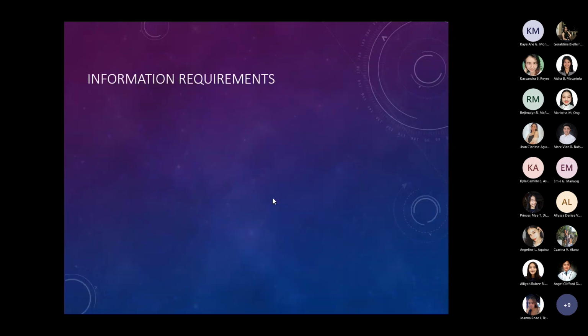Okay? So information requirements. Each user group has unique information requirements. Anong ibig sabihin? Kada department, external, internal, or any division or group, may kanya-kanyang gustong malaman or data na needed for their operation, correct?